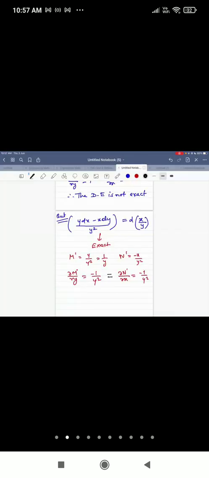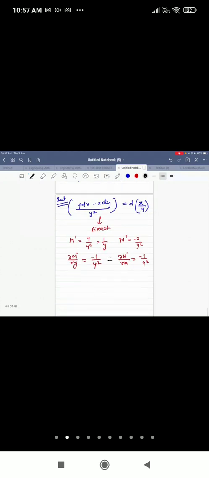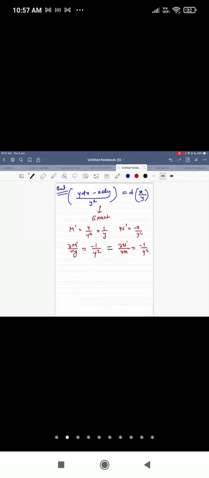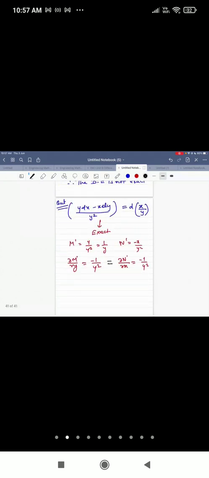Okay, so we get it in this form. They are the same, so this is exact, right? So whatever we have got here is called the integrating factor. So what is the integrating factor? The factor which gives me the exact differential equation. That factor is 1 by y square, because when I multiply by 1 by y square, I get the exact differential equation.